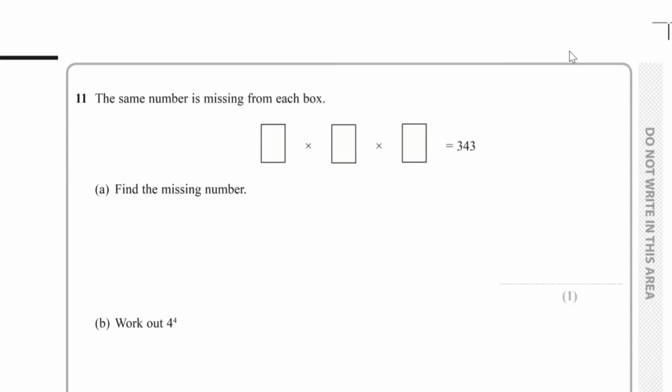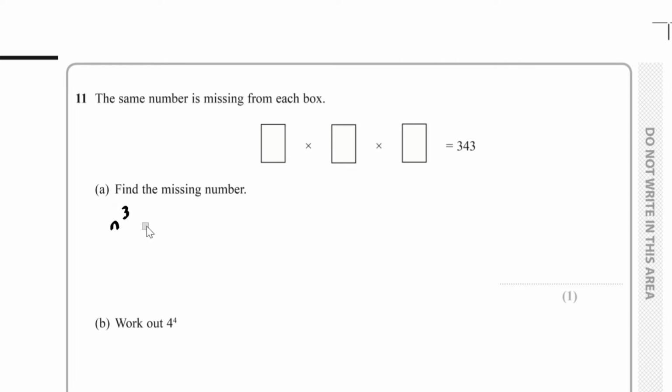Question number 11. The same number is missing from each box. Well, what we have to do for part A is find this missing number. Now we've got the same number, I times it by itself 3 times and I get 343. In other words, what I have is some number, we'll call it n, which is cubed.